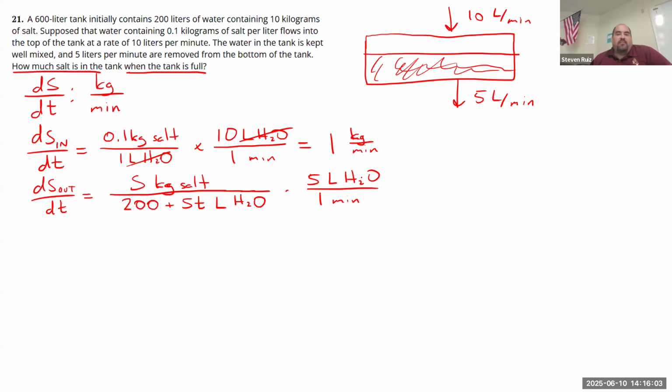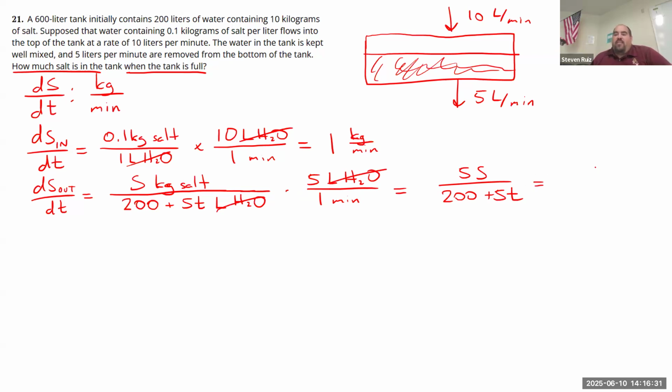How much water is leaving every minute? 5 liters. So now, do I have kilograms per minute? Yeah, I should. Multiplying through gives me this 5S over 200 plus 5T. I don't like the fact that those look so similar. One thing I'll take advantage of is that every coefficient in this fraction is divisible by 5.